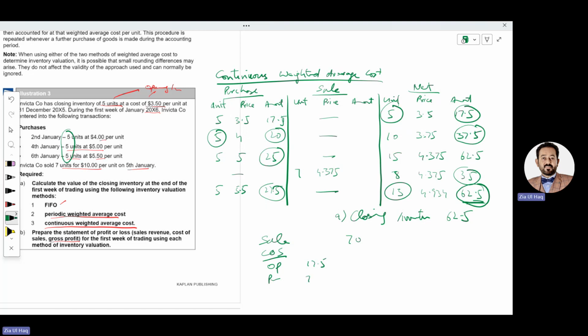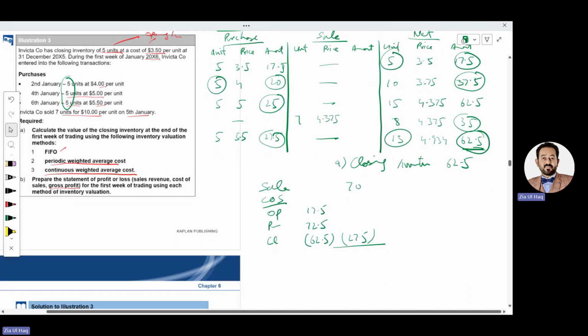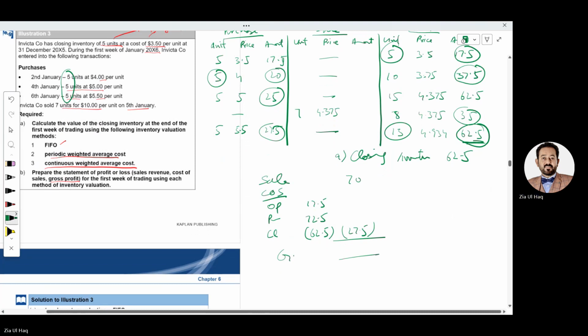Yeah, 72.5. And closing inventory is 62.5. So what is cost of sale? 27.5. So by deducting this, you will arrive at gross profit of what amount? 42.5.